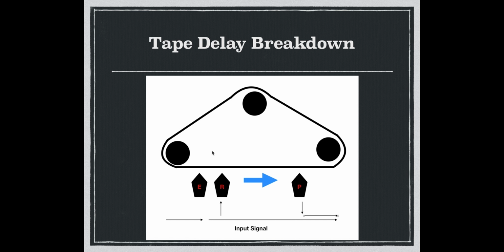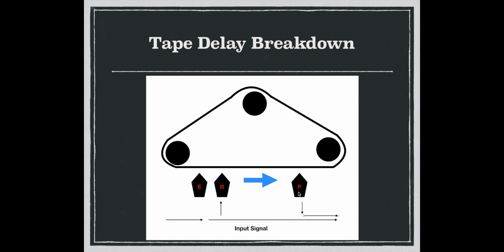If you speed it up, you're going to have your input signal pitched up, and it's not going to correlate in time. So the best parameter we have to control delay time is the distance at which this playback head is physically placed in relation to this record head.